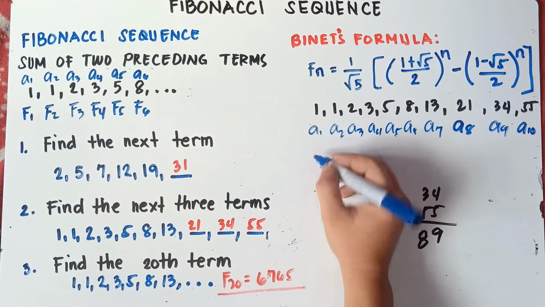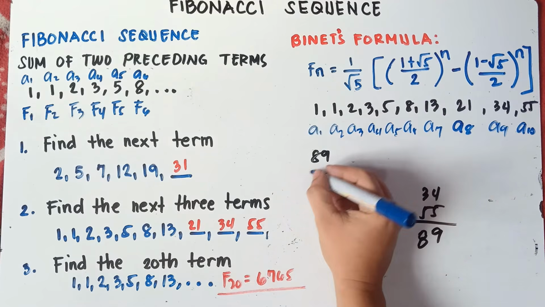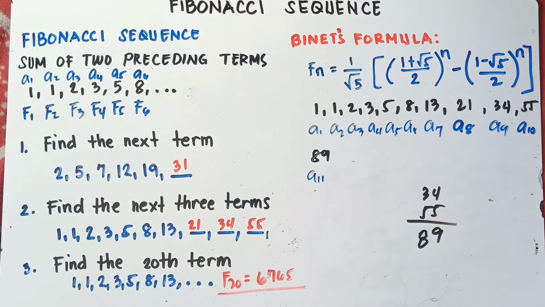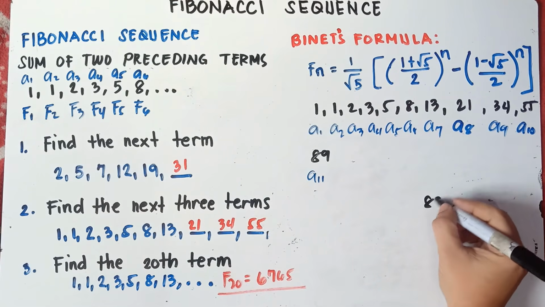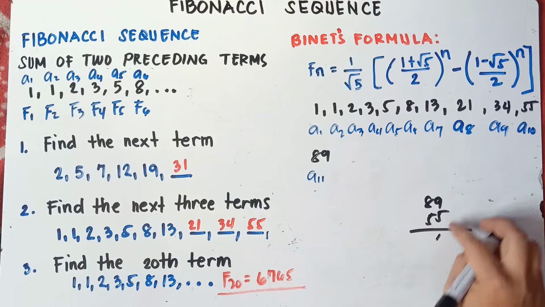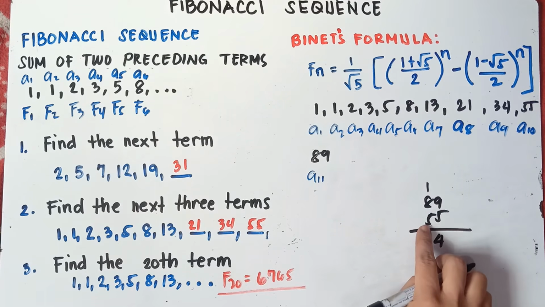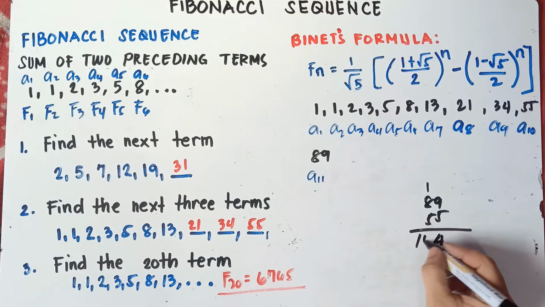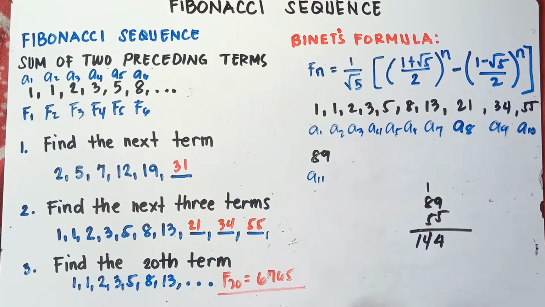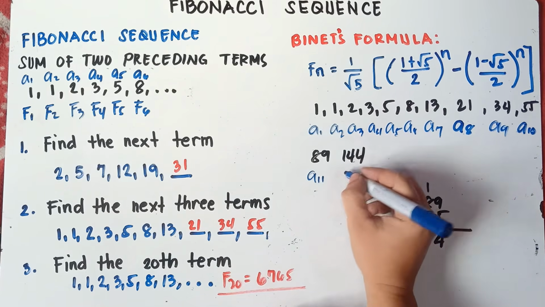So 89 will be the 11th term, or the f sub 11. Alright, 89 plus 55. So 9 plus 5 is 14, 4 carry 1. 8 plus 1 is 9, plus 5 is 14, so 144. So the 12th term is 144.